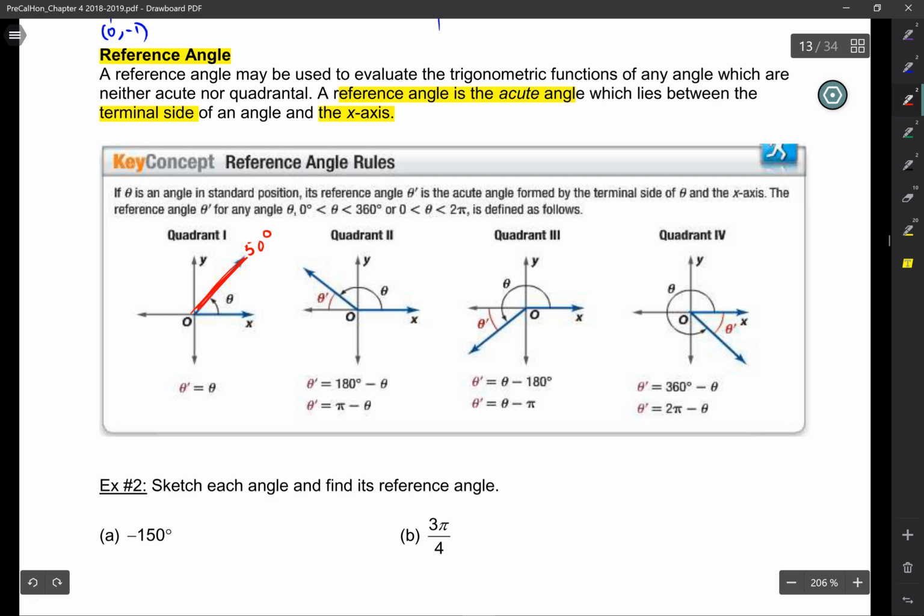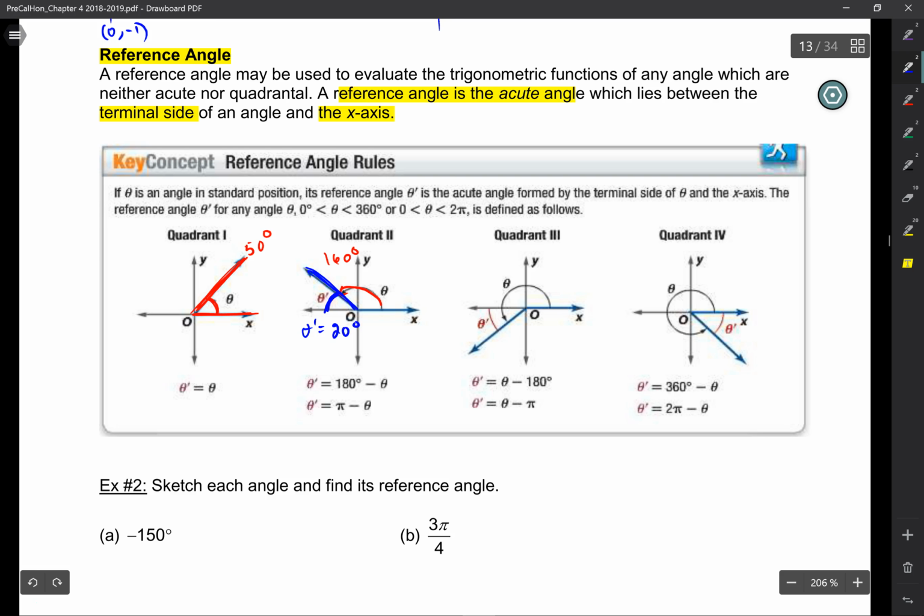Now, suppose you have an angle of 160 degrees. Where is your reference angle? It's between the terminal side and the nearest x-axis. So theta prime is 20 degrees.